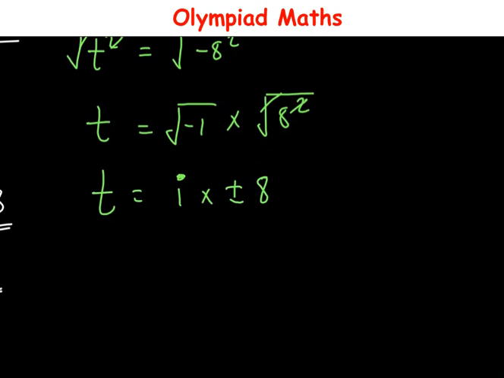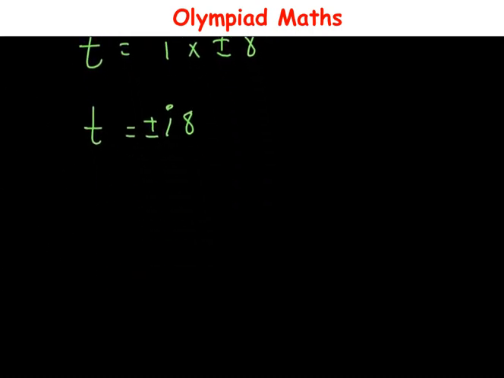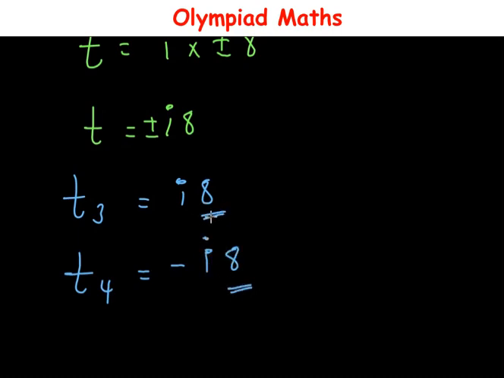So with this, t is equal to i times 8, which is 8i, so plus or minus 8i. So from here, we've gotten the third value of t, t3, which equals plus i times 8, and t4 is equal to minus i times 8.